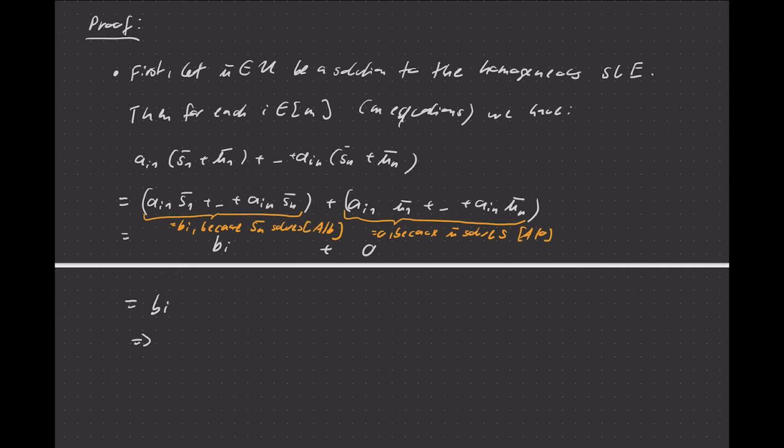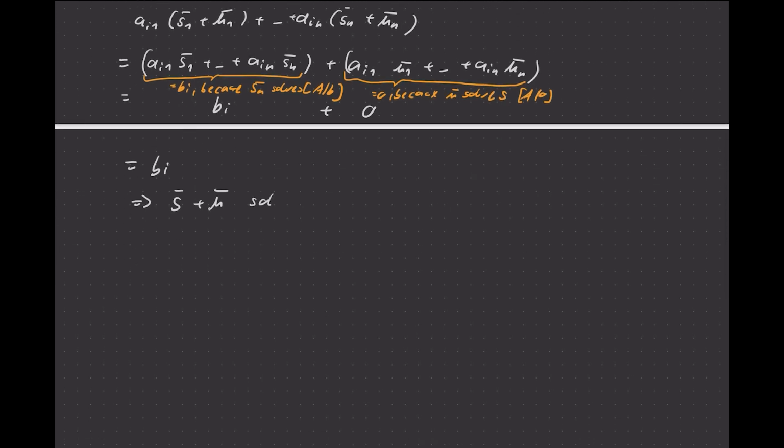And that means S bar plus U bar solves this equation. And as we did that for arbitrary I, arbitrary equation, it solves the inhomogeneous SLE. So for every solution of the homogeneous SLE, we get a corresponding solution of the inhomogeneous SLE.